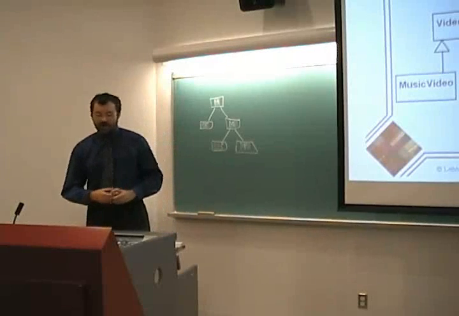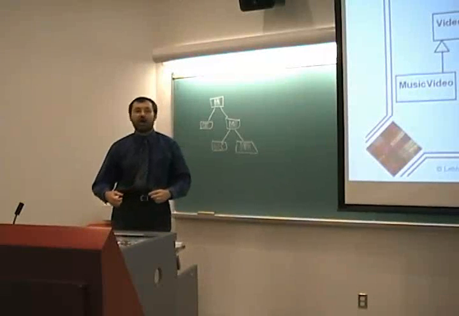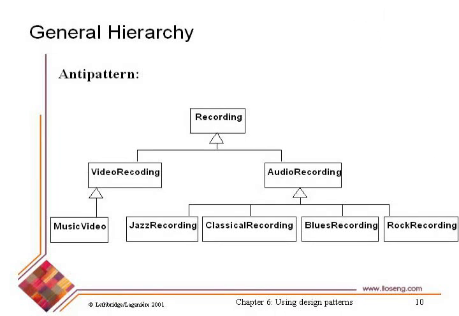And we saw another example earlier on where we can have hierarchies of instances, and this is a typical anti-pattern. This is on slide 10, showing different subclasses using generalization instead of using the general hierarchy pattern.